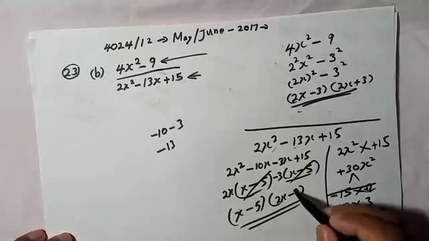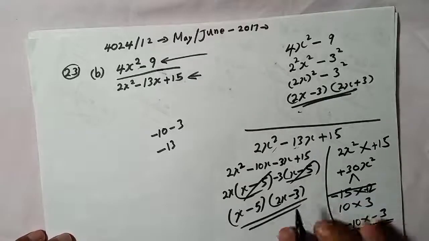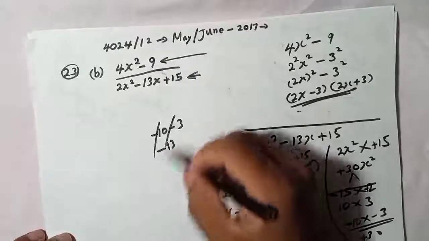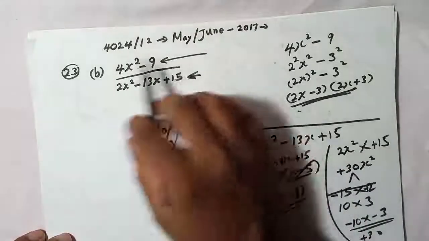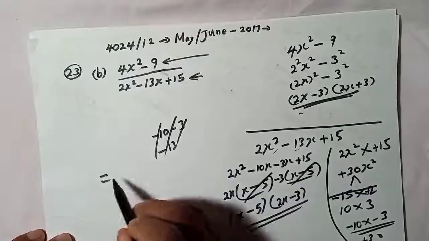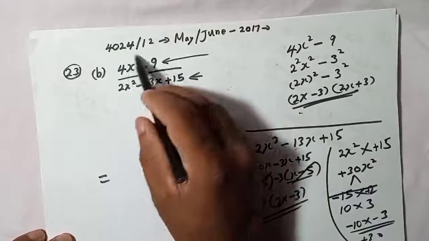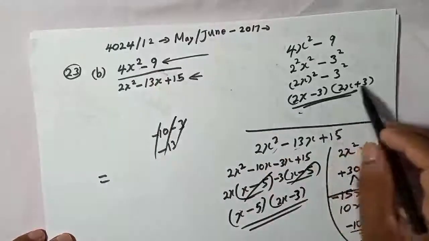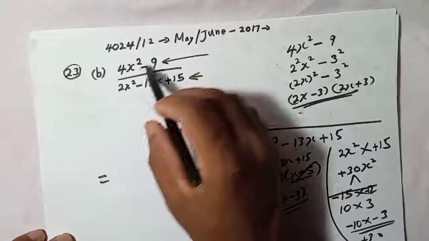So this is the answer for that, right? Now the final thing: this is the factorized answer, and we can replace with this.